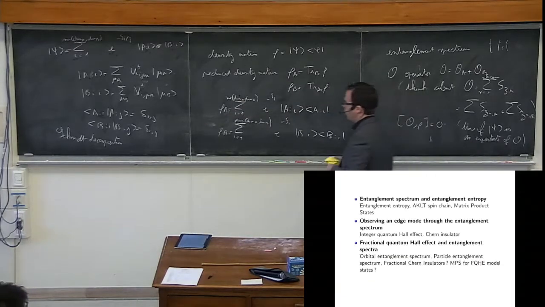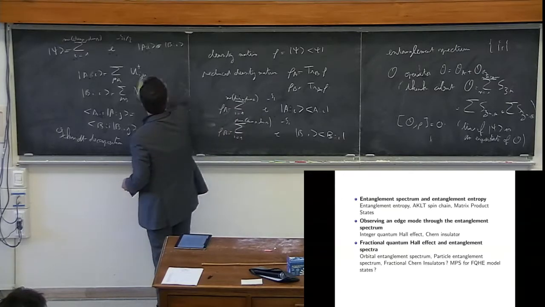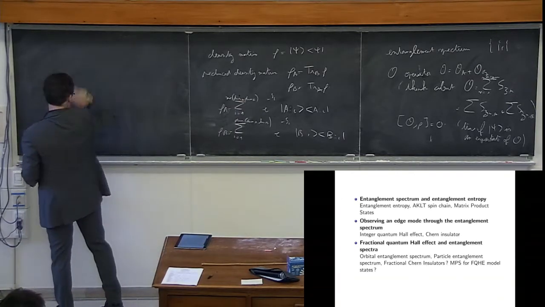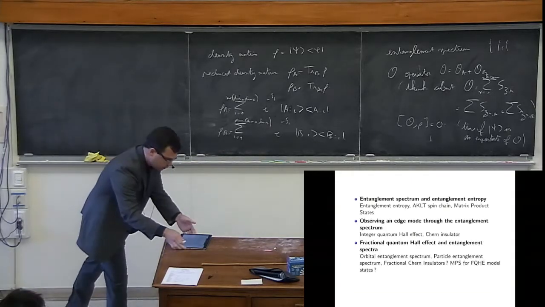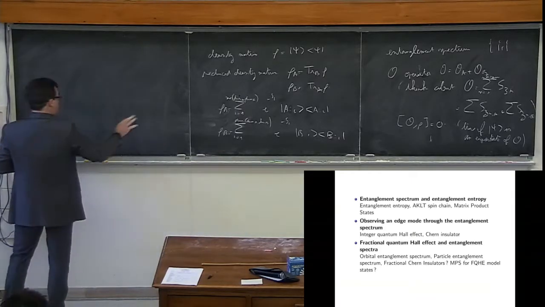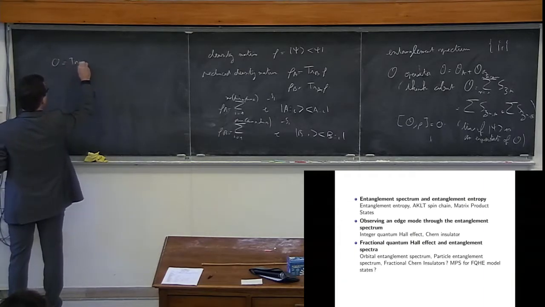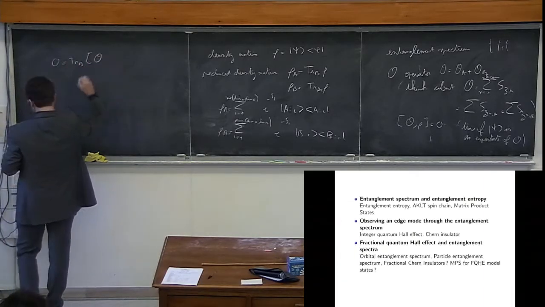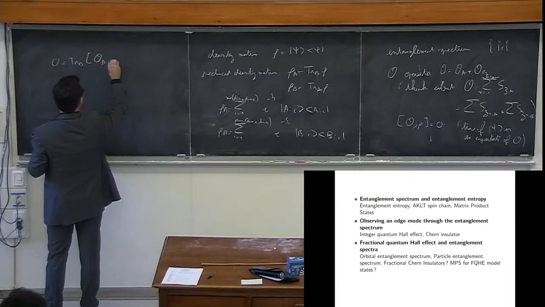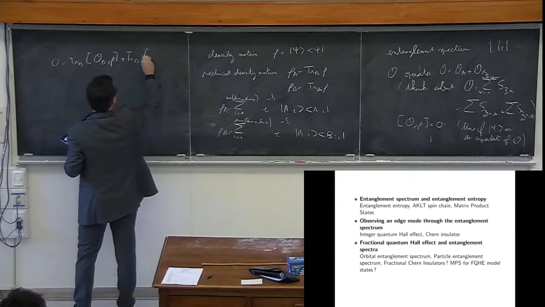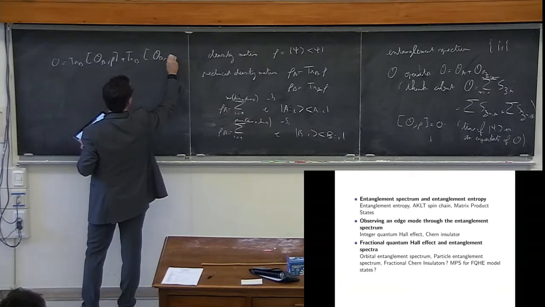If you do have this property, then you can show that by taking the trace of this identity, you get 0, which is equal to trace over B of commutator OA, rho plus trace over B of commutator OB, rho.